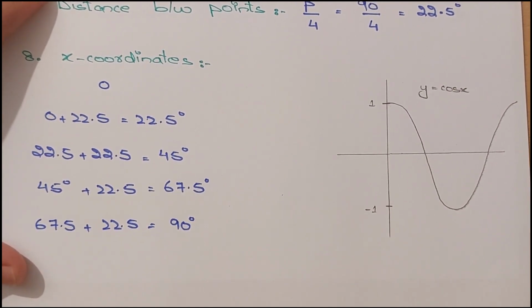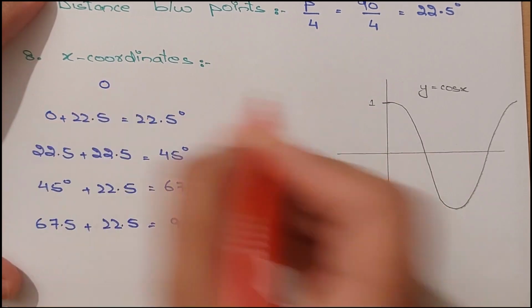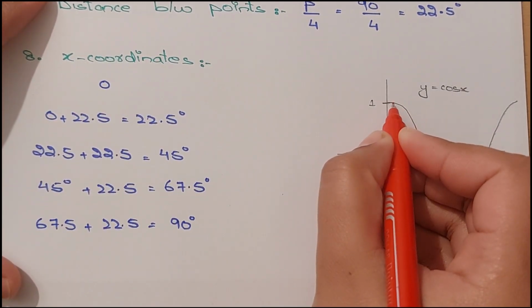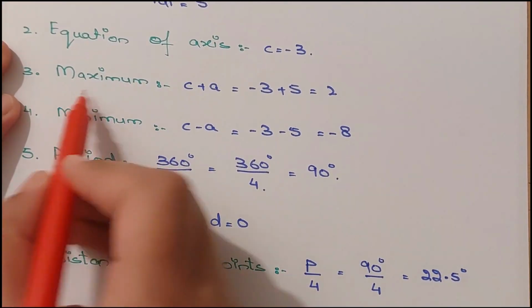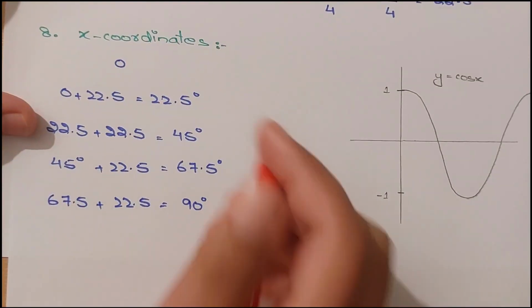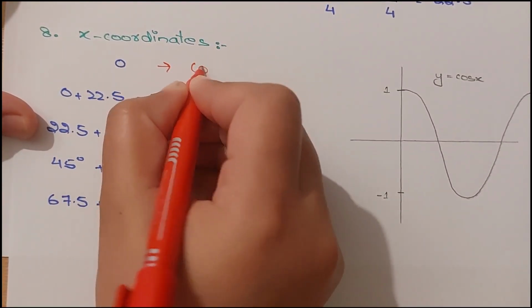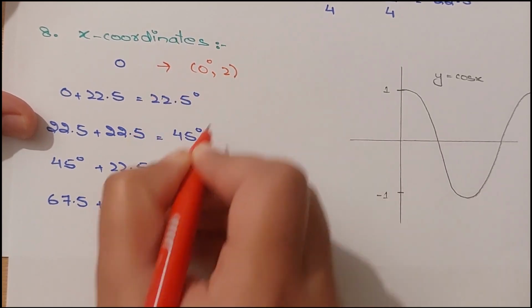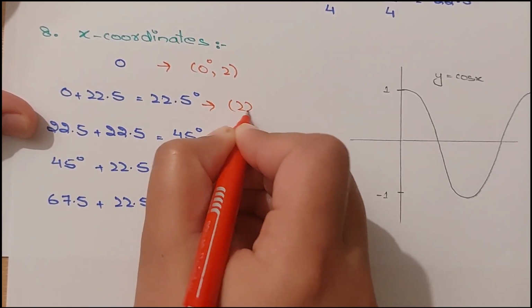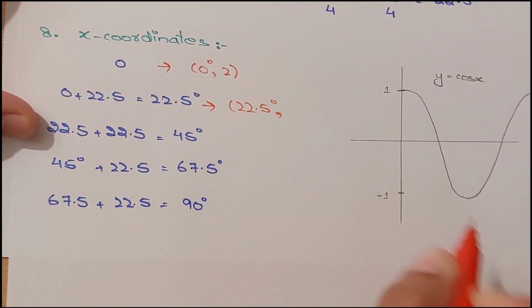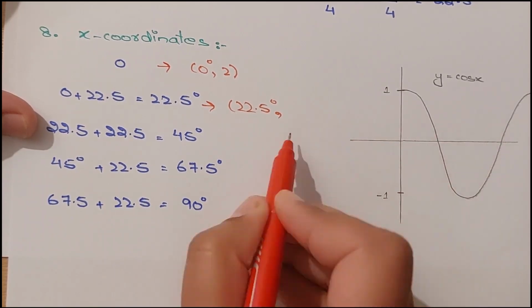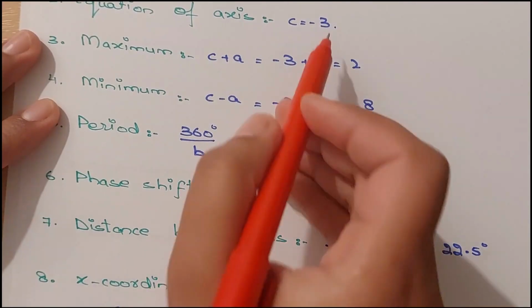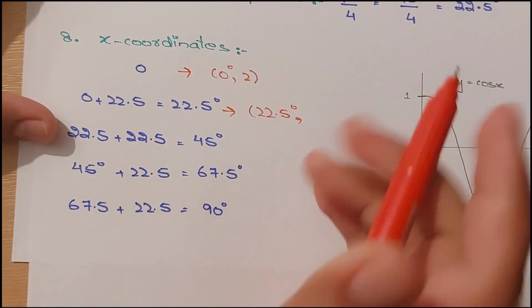Now we can see that the first x coordinate is 0, starting with the maximum point, and in our case the maximum point is 2, so the y coordinate is 2. So from here the x is 0 degrees, the y is 2. Okay, when x is 22.5 degrees, the next is the equation of axis, which is minus 3 in this case, right?